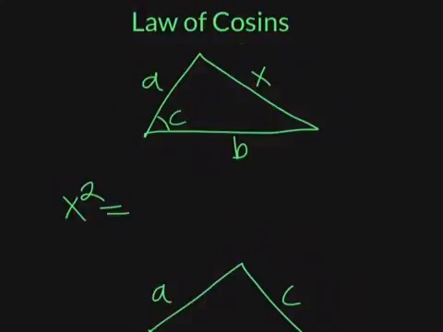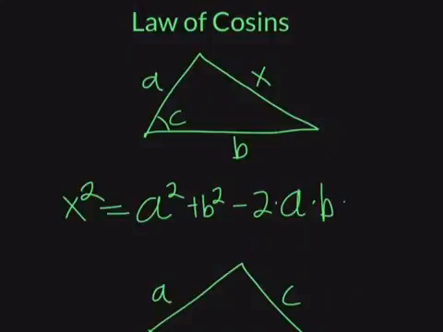So x squared is equal to a squared, which is this side right here, plus b squared, which is this side right here, minus 2 times a times b times the cosine of c, which is this angle right here. So that's how you use the law of cosines to find a side.